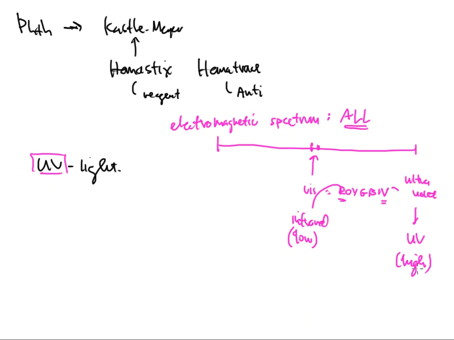So this is the area of the electromagnetic spectrum that we are talking about. It flanks the visible, which means infrared's on one side, UV's on the other, and the UV portion is the higher energy portion. The visible area typically goes from about 400 to 900 or 800 nanometers.